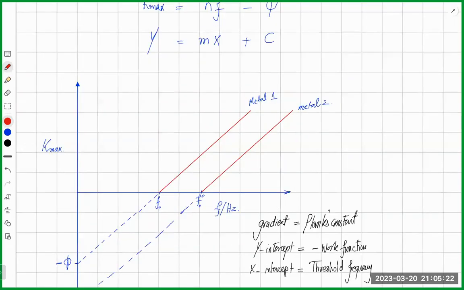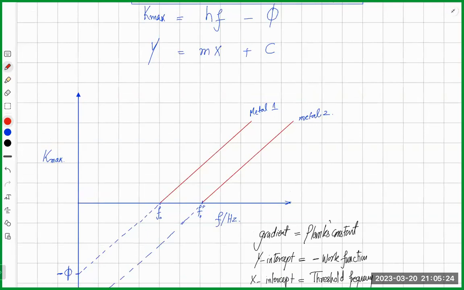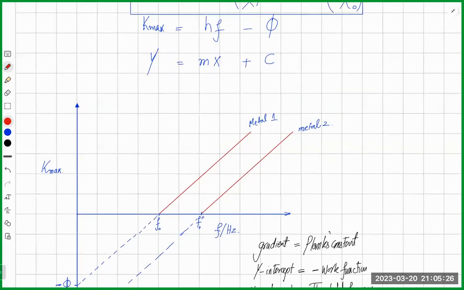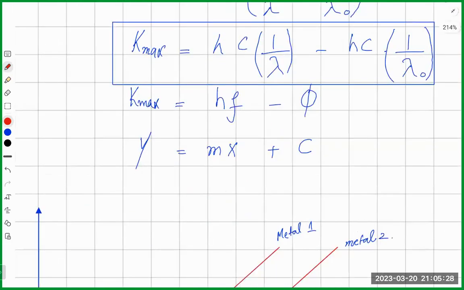So x is f, K max is y. You can clearly see m will be h. So the gradient will be the Planck constant, and the y-intercept will be the negative work function.